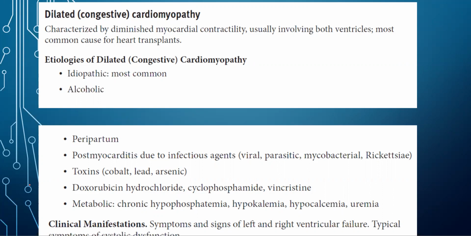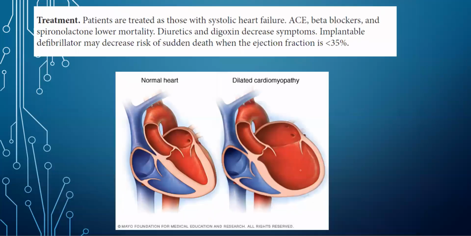In dilated cardiomyopathy, your left ventricle becomes dilated. So let's see in here, this is the normal heart. Left ventricle, it's a little thick because it needs to pump out blood. In dilated cardiomyopathy, what happens is this left ventricle is thinner than normal.